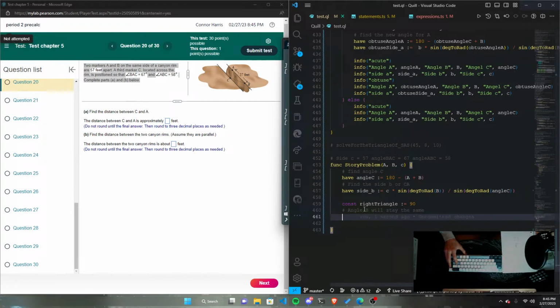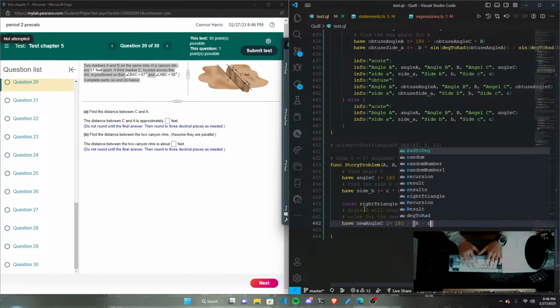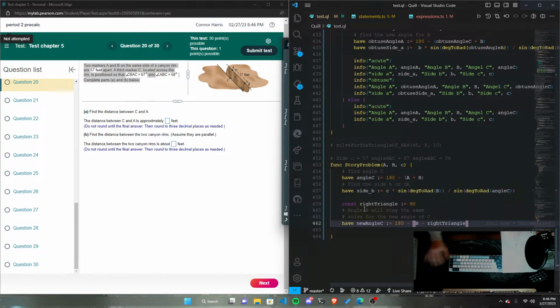So now we need to solve for angle C. Hashtag solve for the new angle of C. So the new angle C would be equal to our 180 minus our B, because our B stayed the same, minus our right triangle, because our A is now our right triangle, which A would be 90.